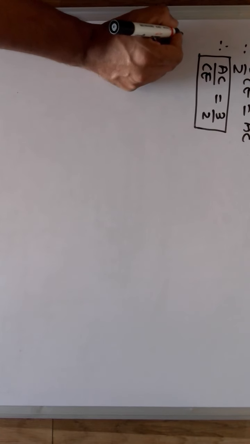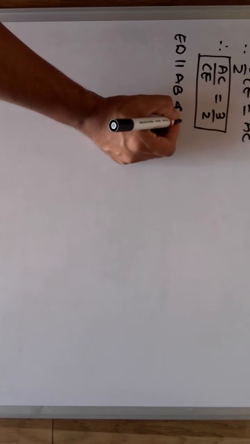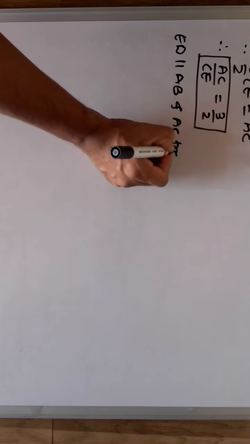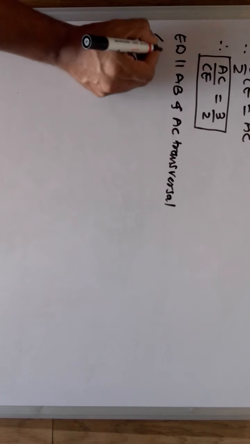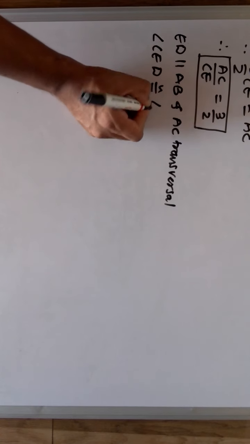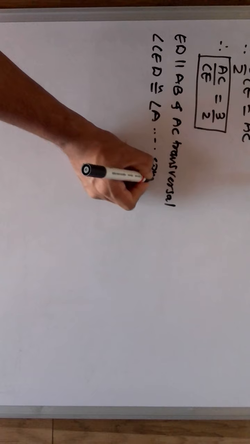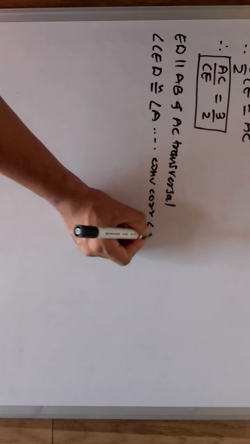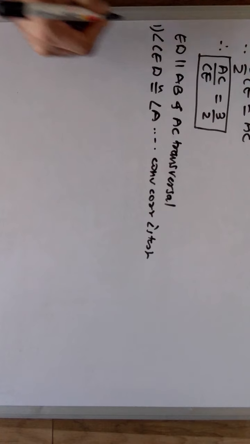First I will say ED is parallel to AB and AC is the transversal. So obviously angle CED is congruent to angle A. This is the converse of the corresponding angles test, right? Now this is your first one.